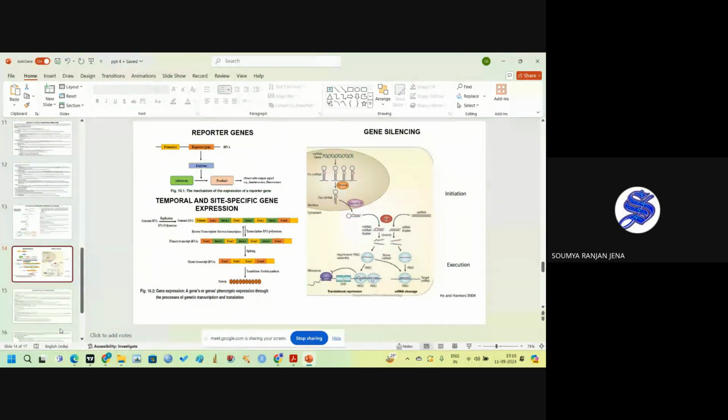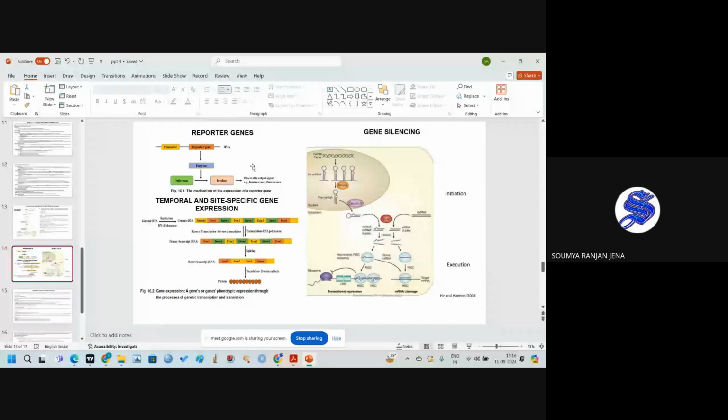Then the next one is how we will know the desired DNA or gene which will be transcribed to mRNA, and mRNA will give rise to protein.